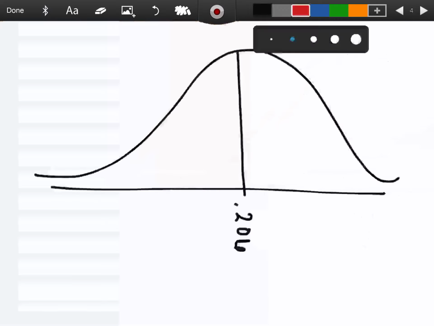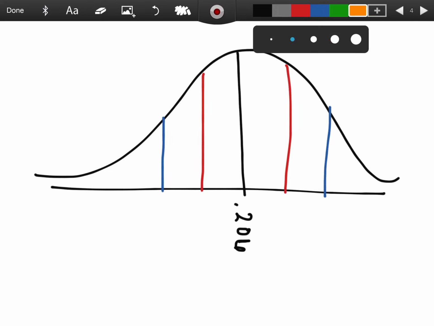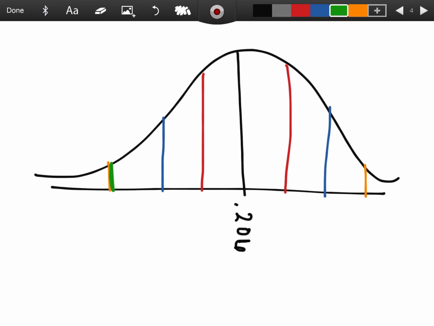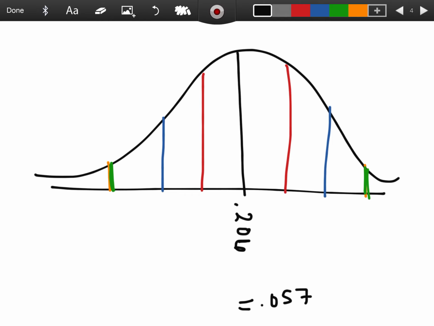So I'm going to do the same thing with my curve. I'm going to go up with my 68% in red. I'm going to go to my 95% in blue, and then 99.7% of my data falls in the green. I did green last time, so I'll do green again and stay consistent. Remember that your standard deviation was 0.057.